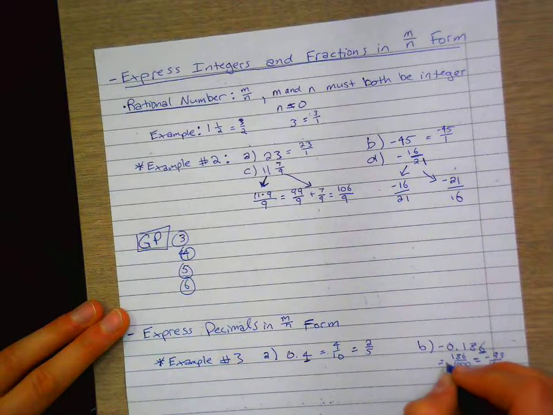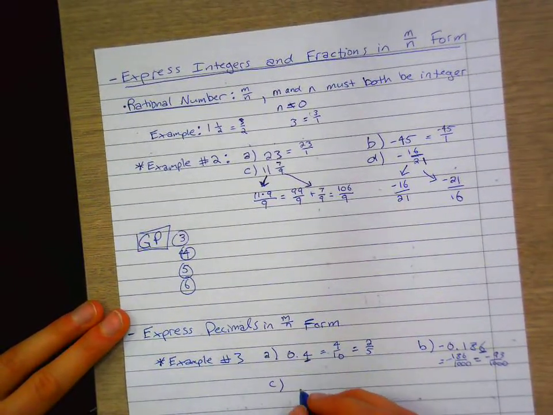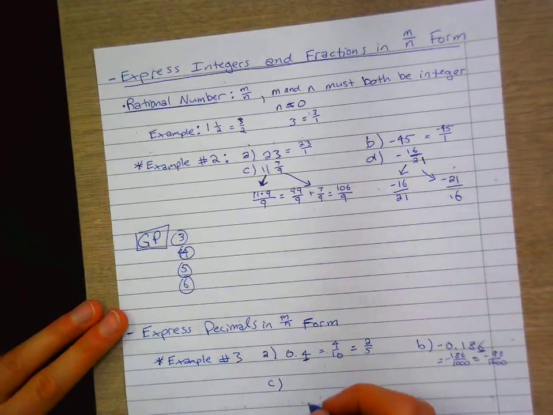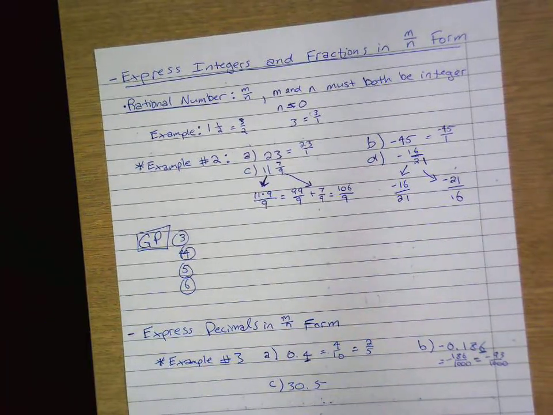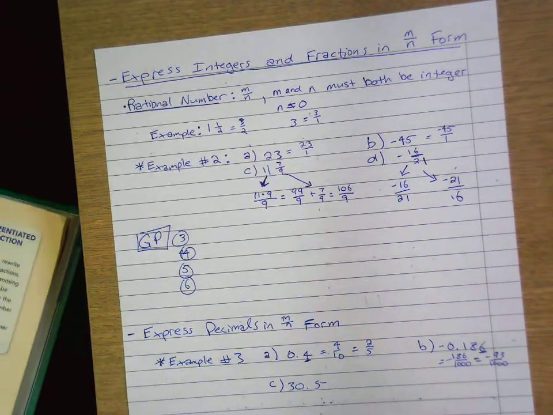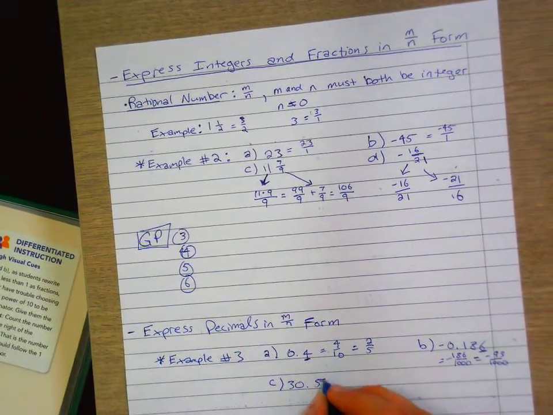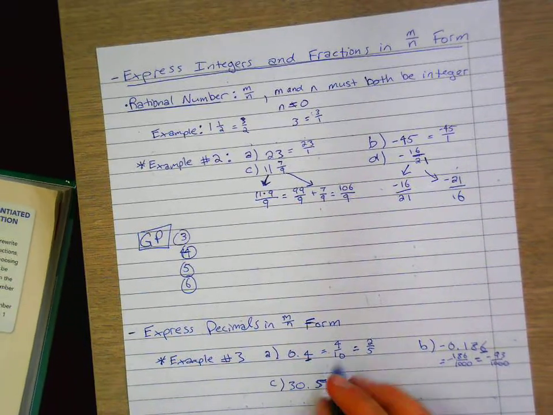Let's move on to C. We have 30.5. To convert this into a fraction, we must first put it into a mixed fraction, and then we can put it into a fraction. So 0.5 we know is 1/2, so we have 30 and 1/2.